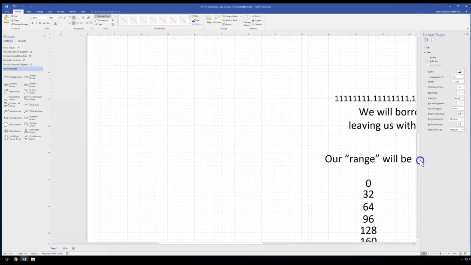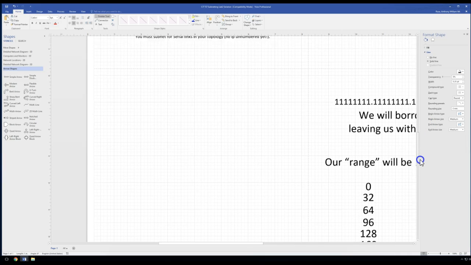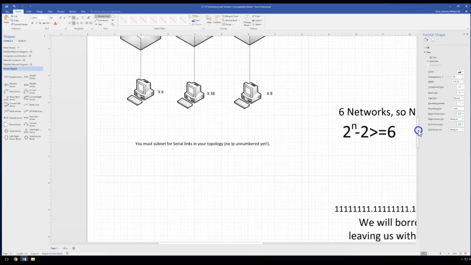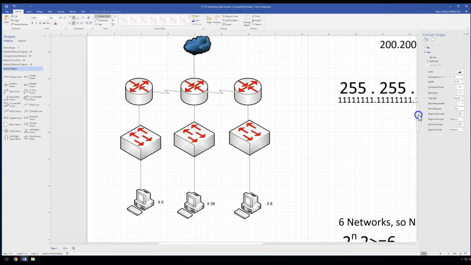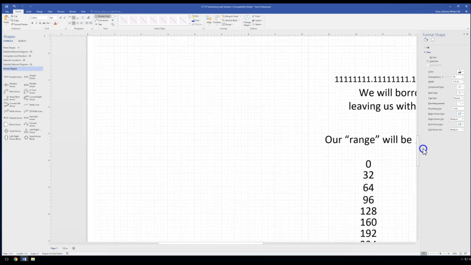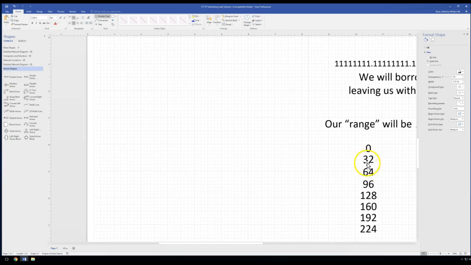And then our next range, we could do maybe 97, 98, etc. So each of those networks that we've identified as being separate networks is going to have a range of IP addresses that are allowable for that.